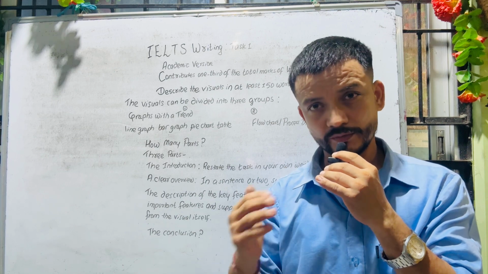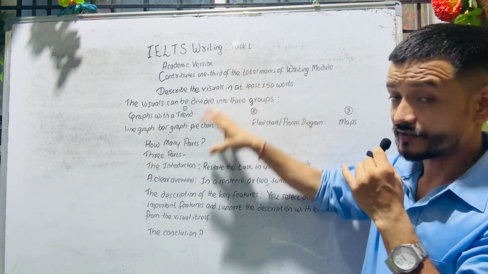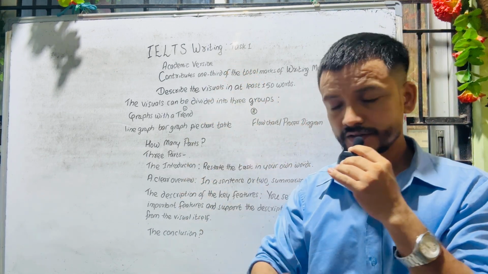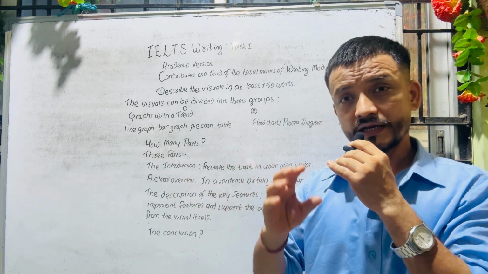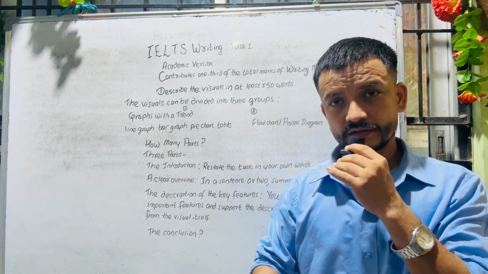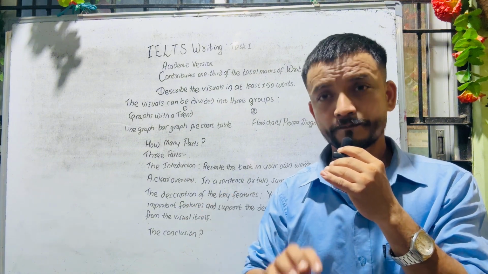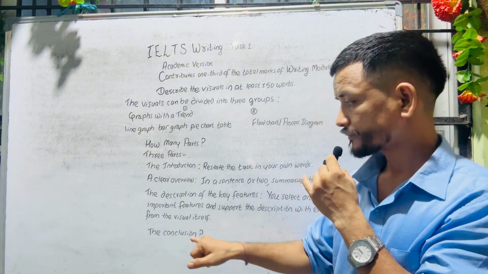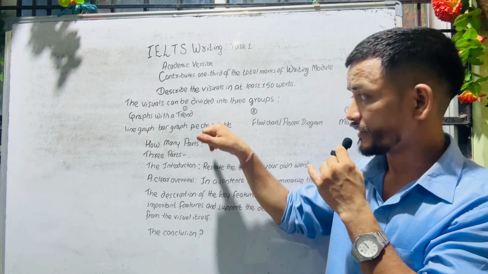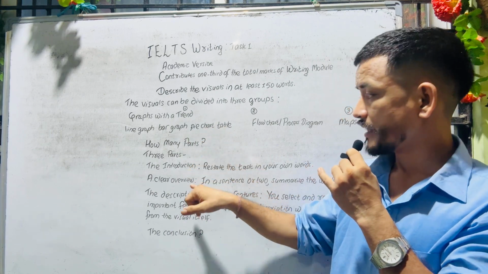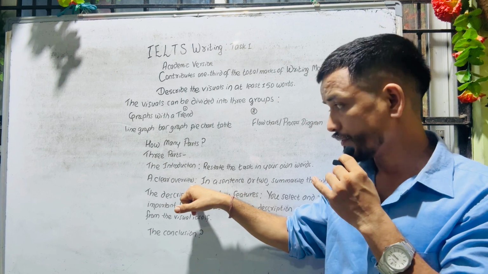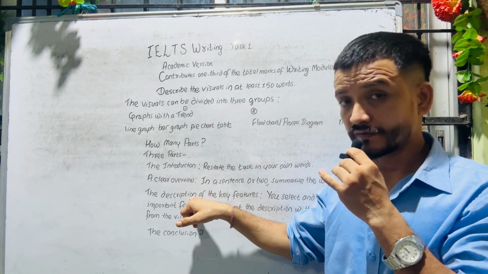You cannot give your opinion. You just describe the key features of the visuals in your own words. So no conclusion. Just write the introductory part, a clear overview, and the description of the key features.